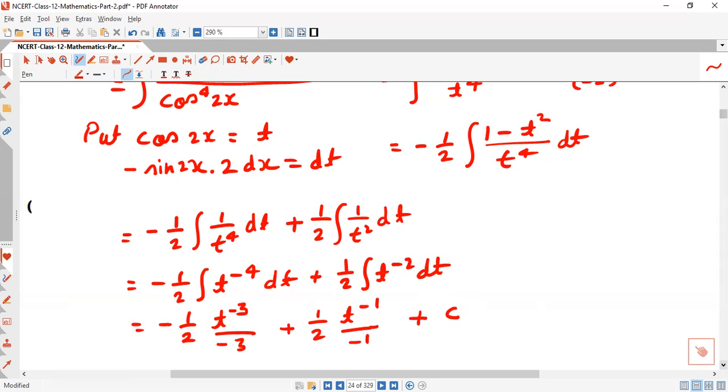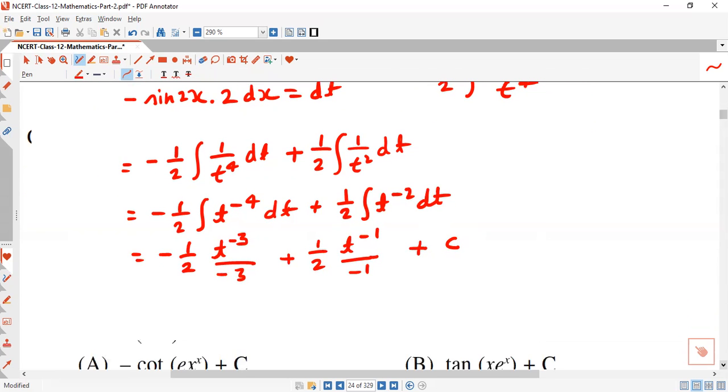Now taking the multiplications, in the first part the minus sign multiplies with the minus sign and cancels out to a plus sign, giving 1 by 6 t cube in the denominator, and minus 1 by 2 t plus some constant c.